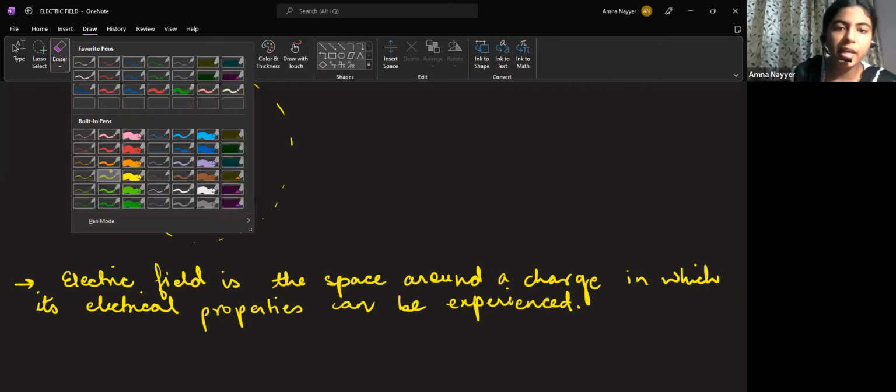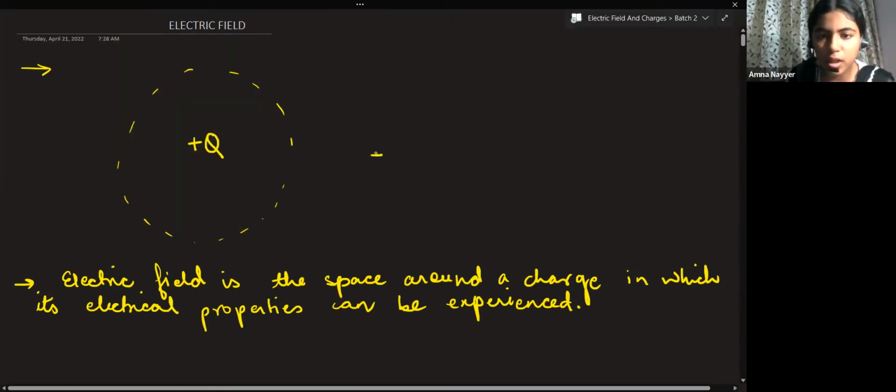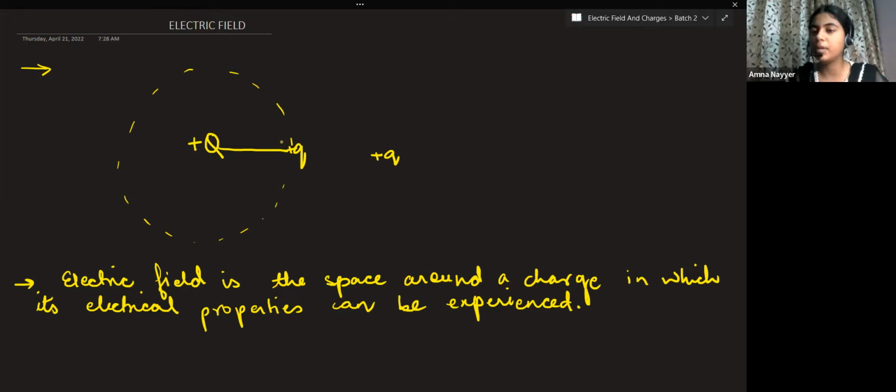Now see, if I bring this small q in the vicinity of this, earlier it was kept away, I have brought this small q charge near this capital Q, that is, in the electric field of this capital Q. So this small q allows me to identify whether this charge is positive or negative. Had it been a negative charge, it would have got attracted. Had it been a positive charge, they would have repelled each other, which is the case right now. So this small q allows me to know the nature of the capital Q charge.